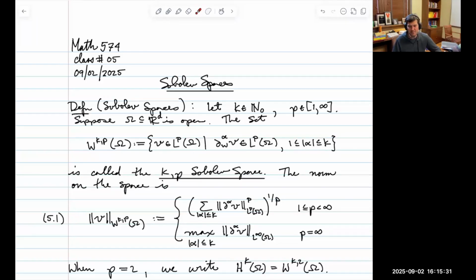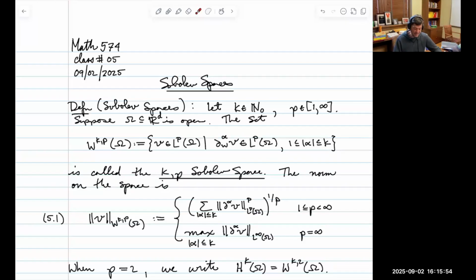But for the most part, here in this class on finite elements, that's the situation we're going to be interested in. The open set is also going to be a bounded set. And furthermore, we'll get into this in a little bit, we're going to assume that these sets have fairly nice boundaries. In any case, these are what we call the KP Sobolev spaces.